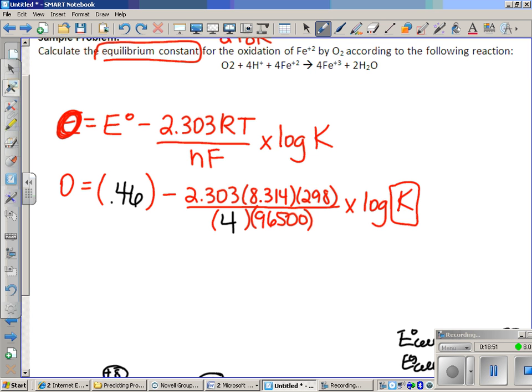So here's what I'm going to do to show you the math. There's multiple ways to do this, but I'm going to start by subtracting over the 0.46 to this side, so that I can get all of that mess over there by itself.